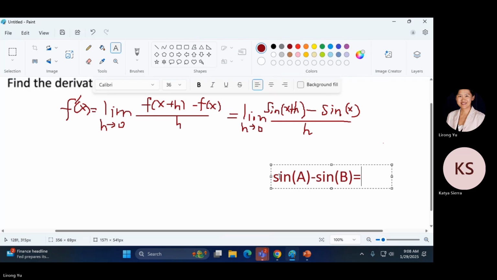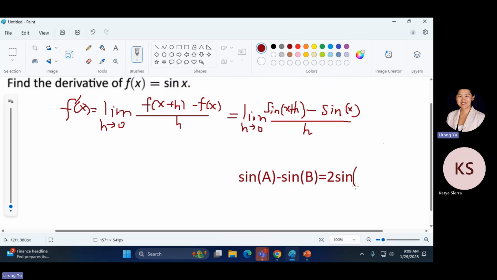So we're hoping to rewrite the numerator into a multiplication. I think it was like this: it equals 2 times sine of (a minus b) over 2 times cosine of (a plus b) over 2.